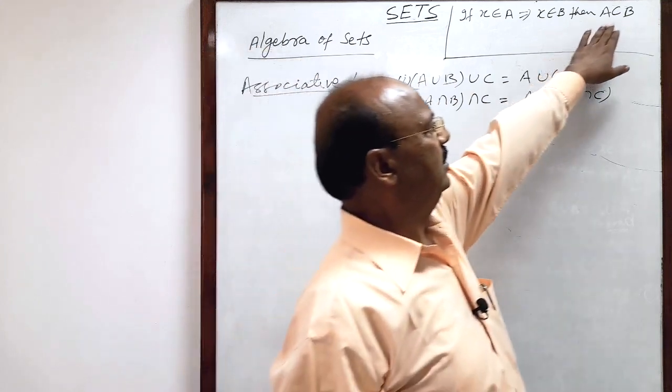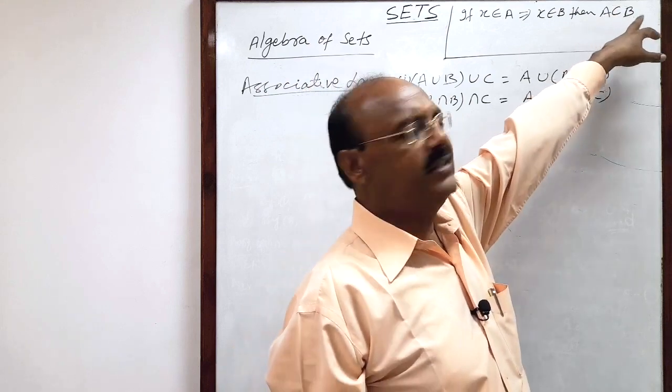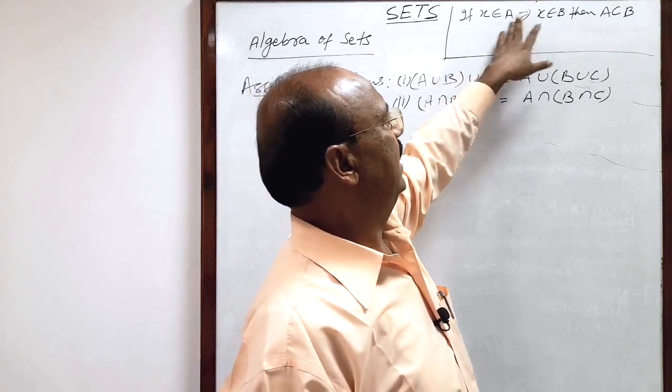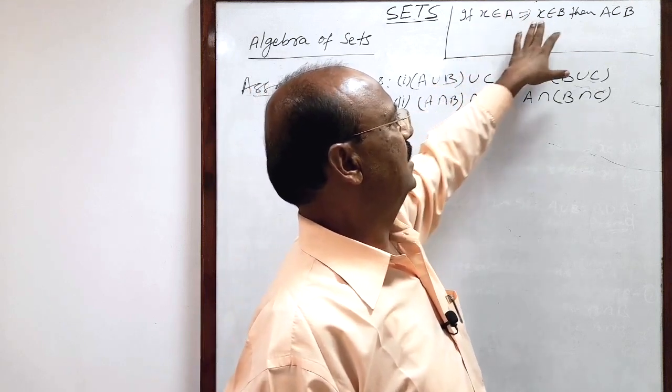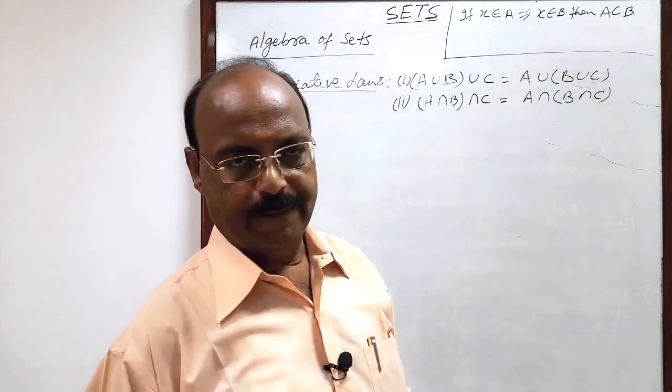Because a subset is a set which contains only those elements which are available in set B. So if any element belonging to A implies that all such elements like X are also available in B, it means A is a subset of B, correct?